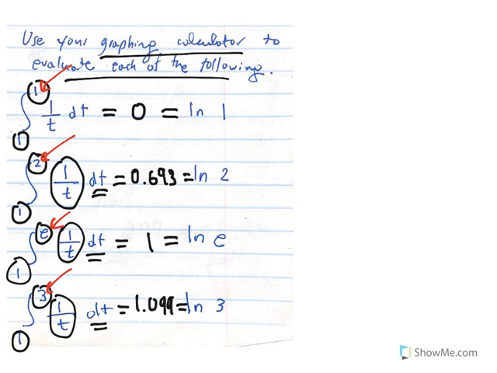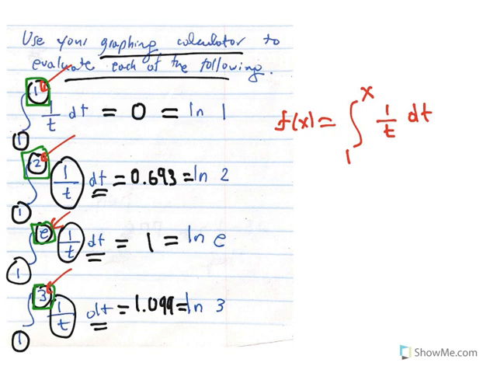So for the left column, we may actually represent the definite integrals more generally as a function of x. So we can write f of x is equal to the definite integral of 1 over t dt from t is equal to 1 to t is equal to x. Because the only thing that's different about those 4 definite integrals on the left is the upper limit of integration. Everything else is the same.